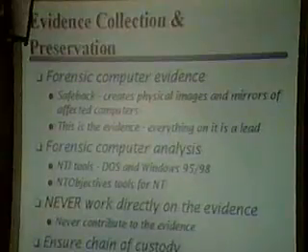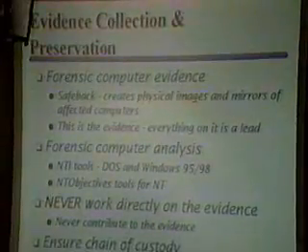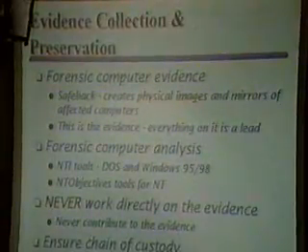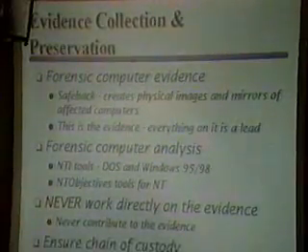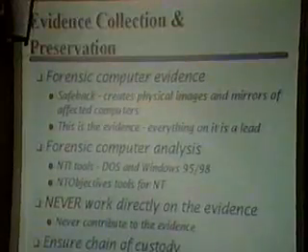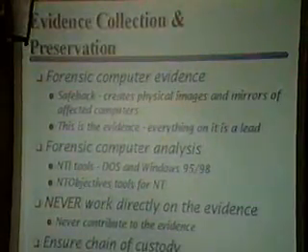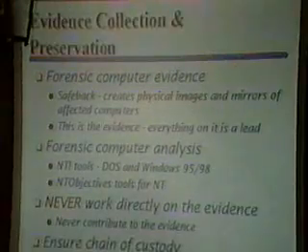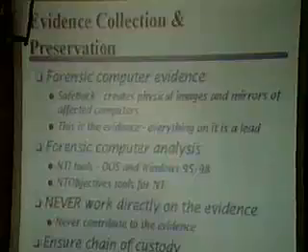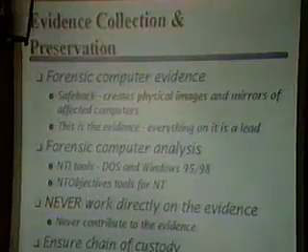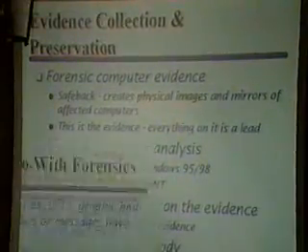And that does DOS and Windows 95 and 98. There's some new stuff, and it's free from NT Objectives that will help you do stuff with NT, which is pretty good. Never work on the evidence, and always assure chain of custody. And chain of custody means that you can account of your own knowledge for everybody who has handled that evidence since you collected it.